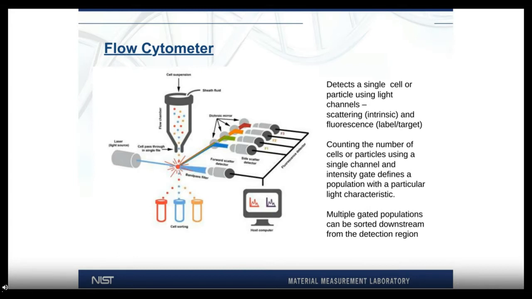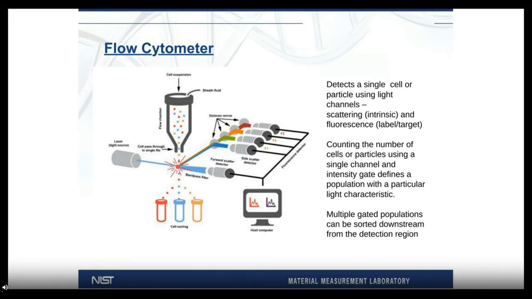So to give you a little introduction to flow cytometry, although most of you may not need it, you're basically taking typically a cell suspension, you're putting it through a narrow channel such that the cells go through single file. So you're detecting single cells or particles using light channels.